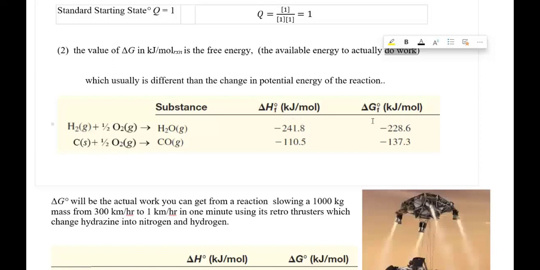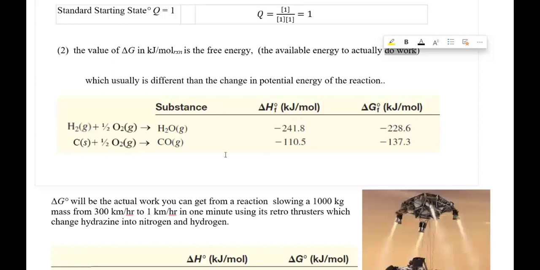In the case of hydrogen and oxygen, we only get 228.6. Now, you might think that's a small difference, but no matter what you do, no matter how carefully you do this reaction, even though you get a drop in potential energy and an increase in kinetic energy of 242 kilojoules, you can only get 229 out of it to do something.